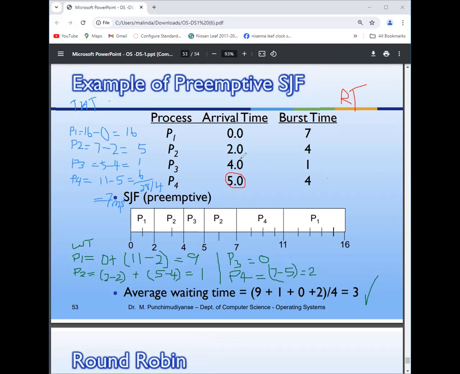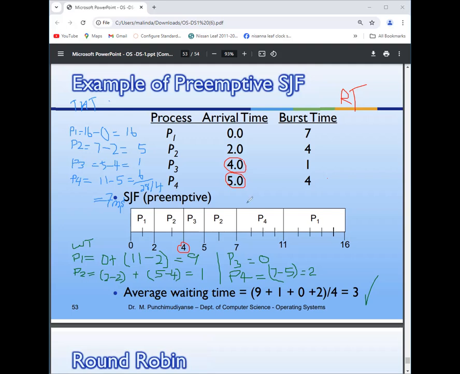P3 also 4. Yes. Right. We can look at that chart. In the chart, P3 arrival time is 4. See. That's the way P4 is 5. P4 is 5. Arrival time is given here, no.